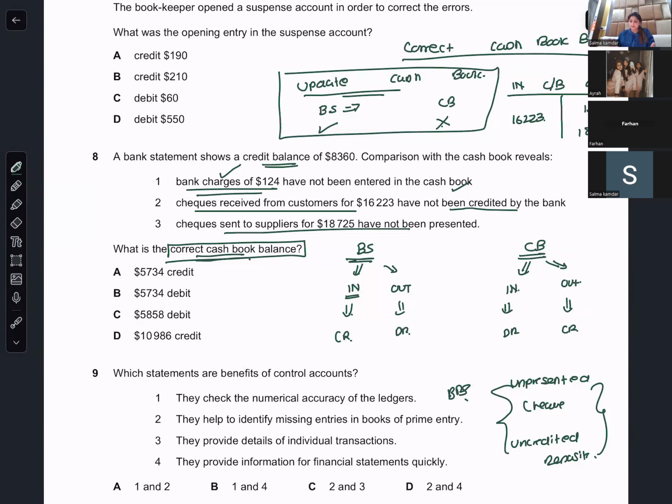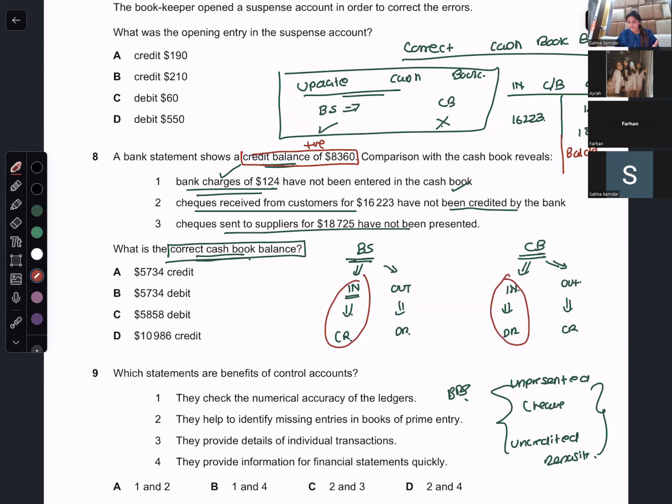Bank statement shows a credit balance of 8360. Can you tell me the closing balance of the bank? If it is a credit balance, that means it is a positive balance, right? Yes, it is a positive balance. So if it is showing a credit balance in the bank statement, it will be what balance in the cash book?